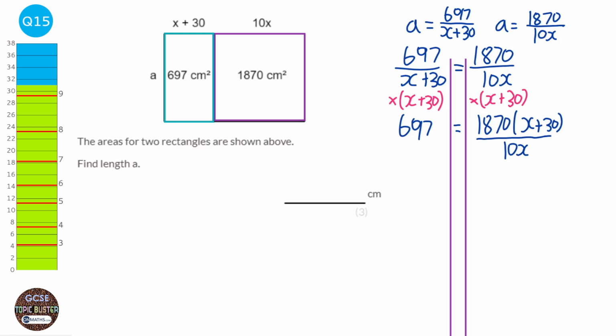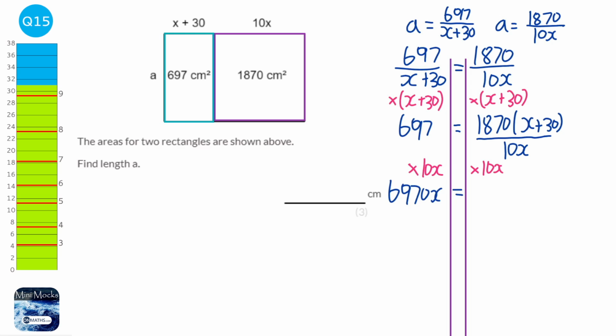Same thing again, but I'm going to get rid of the denominator on the right hand side, so I'm going to times both sides by 10x. So we've got 697 times 10, which would be 6,970x, because it's 10x. And it won't actually do anything to the right hand side, but I'm going to expand the top, the numerator. It just gets rid of the denominator.